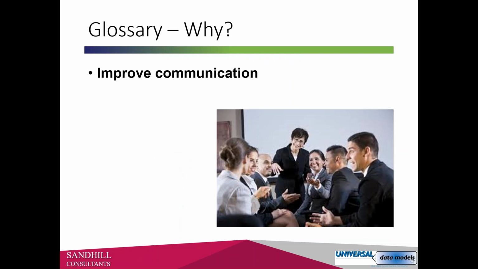Now, why develop a glossary? It helps greatly to improve communication in the business. Very often we use different terms for the same thing. Some will use vendor, some will use partner, some will use supplier, and this creates miscommunications and misunderstandings. Many misunderstandings happen even at the level of customer. One client's data governance person said, we have 7,000 customers, and the business said, no, we have 22,000 customers.